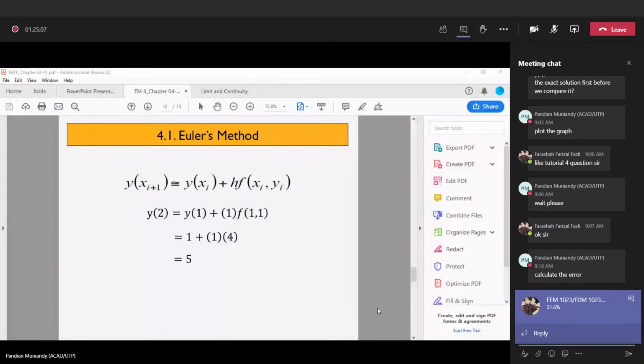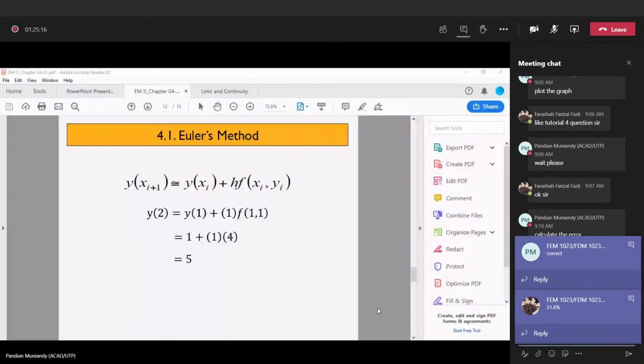51.6%. Correct. So the question is, are you happy with this answer? As an engineering student, this is something to do with experience, plus your knowledge.